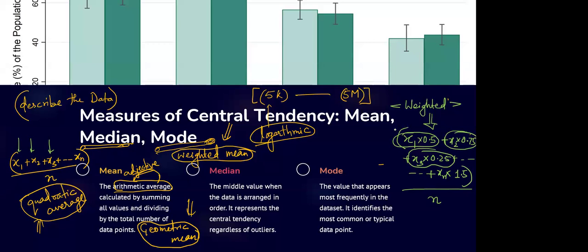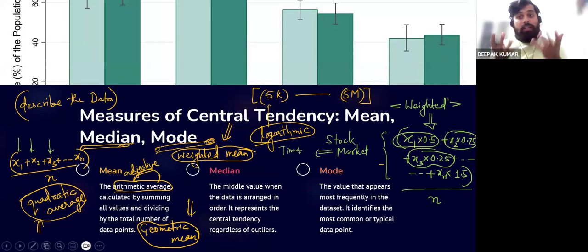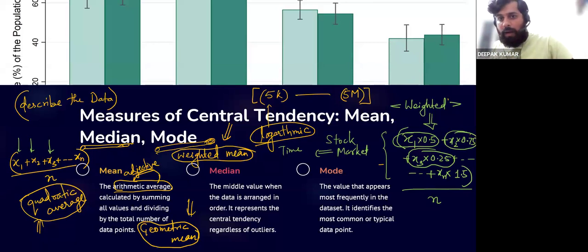Yes. And this is applicable in time series analysis in the stock market. Stock market means time series analysis, where we usually give higher weight to the most recent past and a lower weight to the very far input.